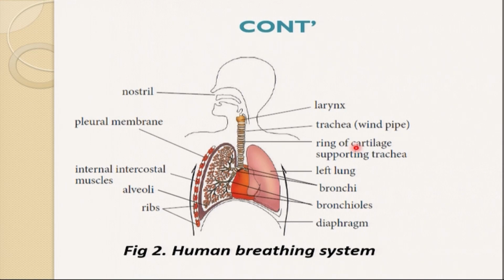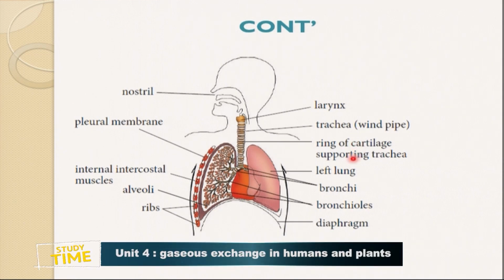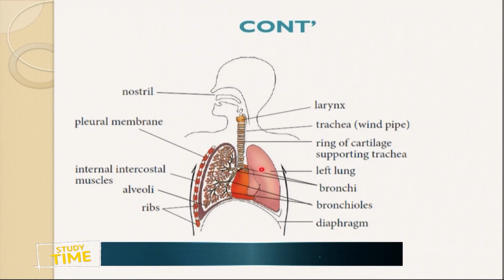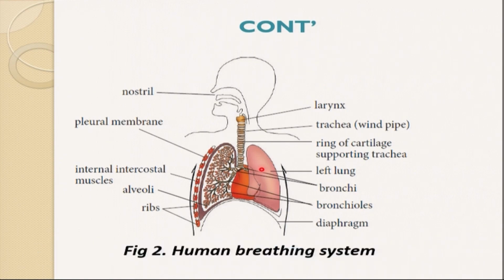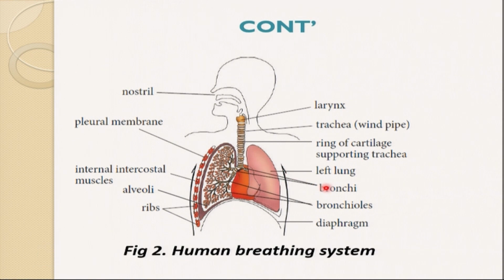Most of the trachea has cartilage supporting it, which is very important. We have the lungs, because our body has two lungs, the left lung and another on the right side. We have the bronchi, which branch into the bronchioles, and the bronchioles branch into the alveoli.